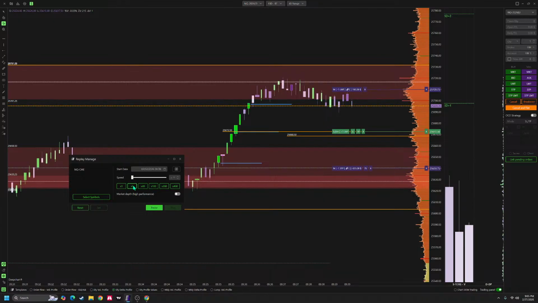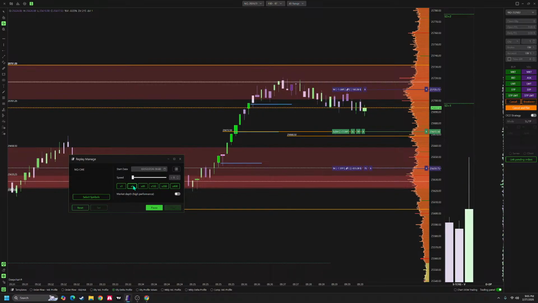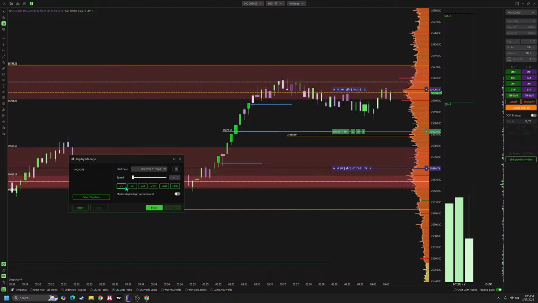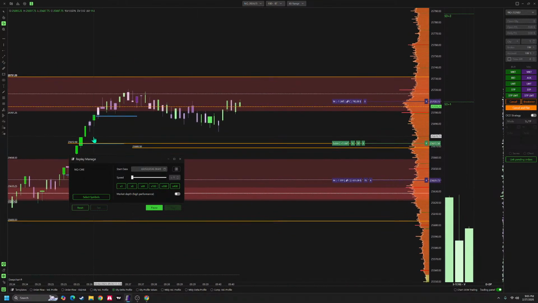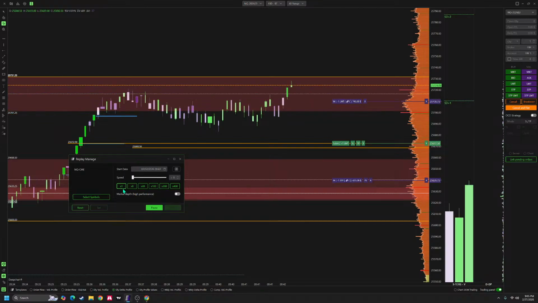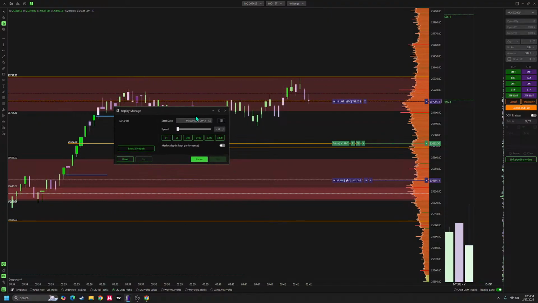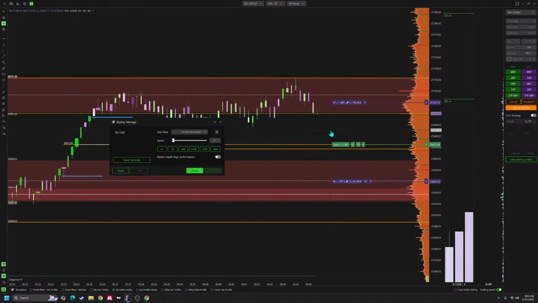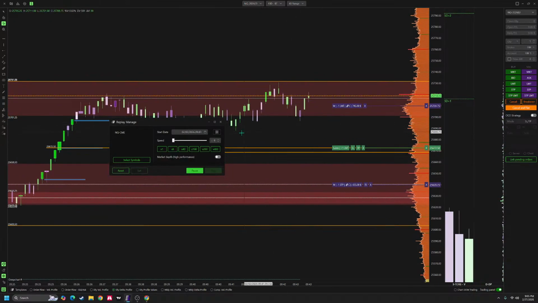I'm going to speed it up a little bit. This is 8x speed. Pause it down for a second. Now it looks like our secondary play might come into play, but we still are holding that.